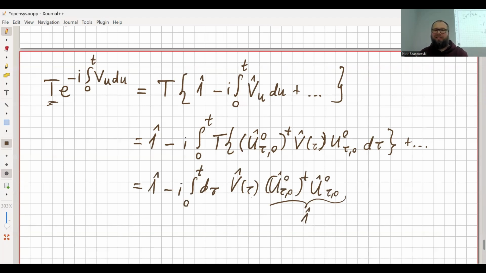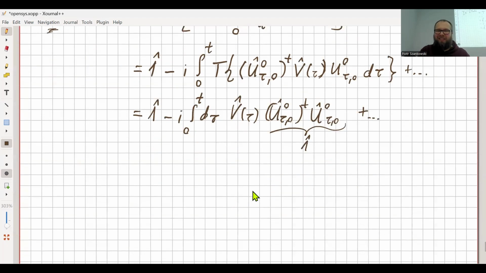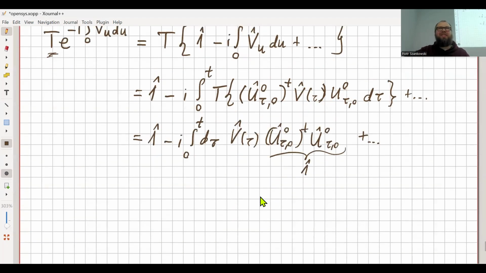And a similar thing will happen to all the higher orders. So when all is said and done, we will end up with exponent minus i integral 0 to t V(tau) d tau. So not interaction picture.